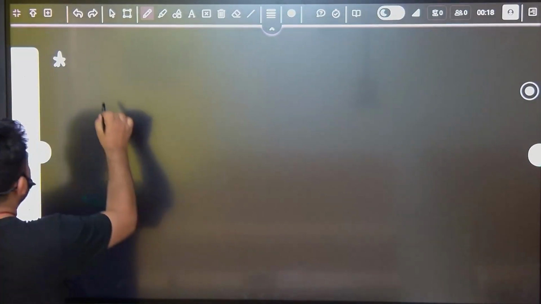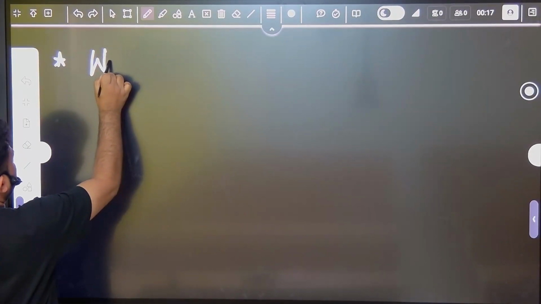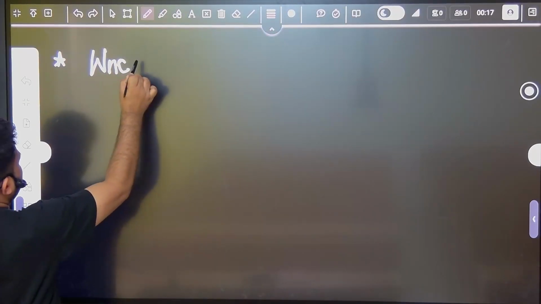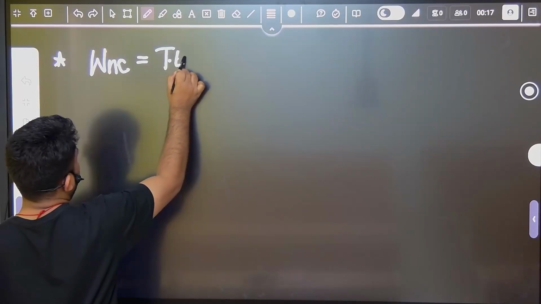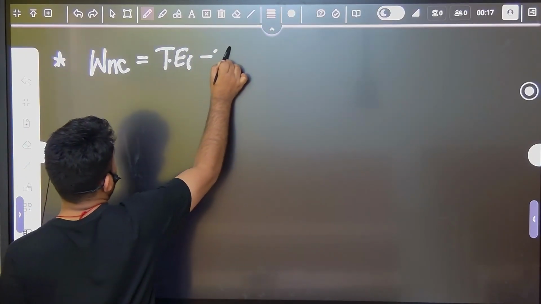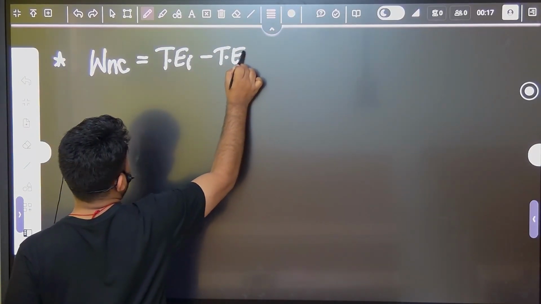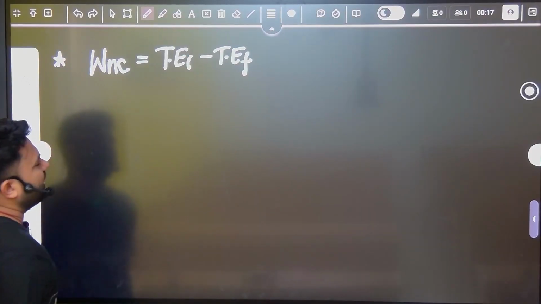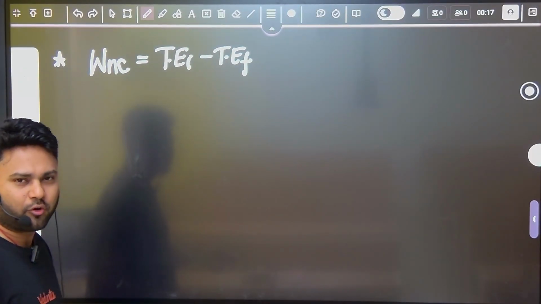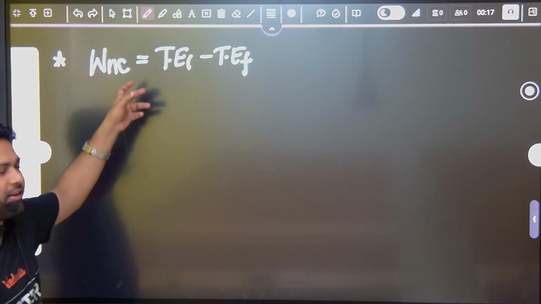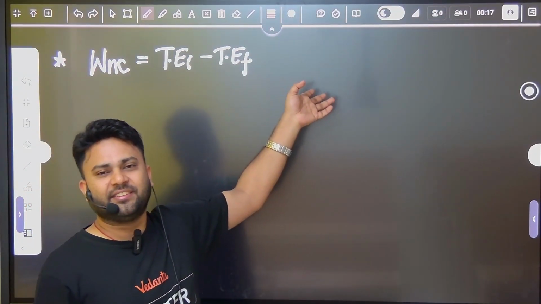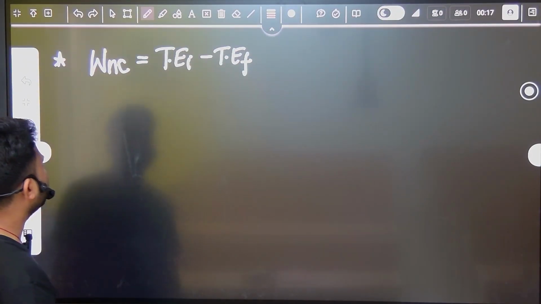So work done by non-conservative force, like work done by friction, you can write total energy initial minus total energy final. This is the formula. I am not proving this. Again, we are going for one shot. So you should remember like this. So whenever they ask work done by friction, you can write total energy initial minus total energy final.